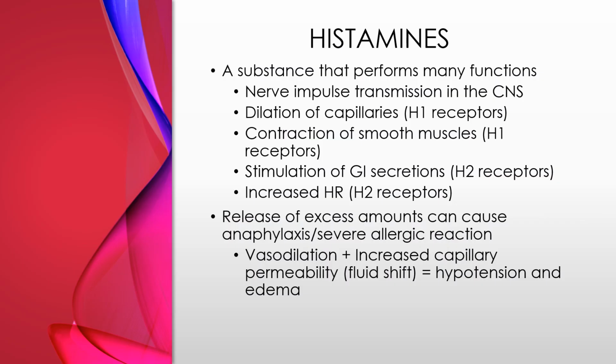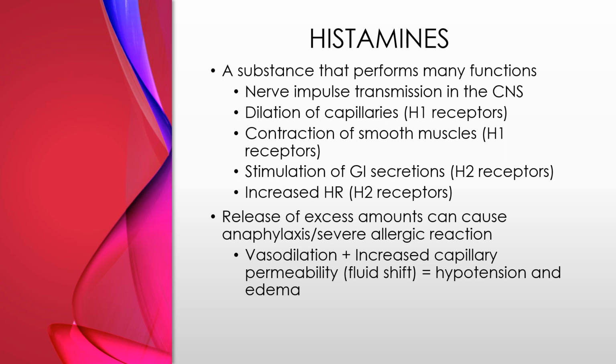All right, so just a little patho, as we always start pharmacology with patho. Histamines are nerve impulses. They're transmissions in the central nervous system, so kind of like excitability. But they're used to protect us.